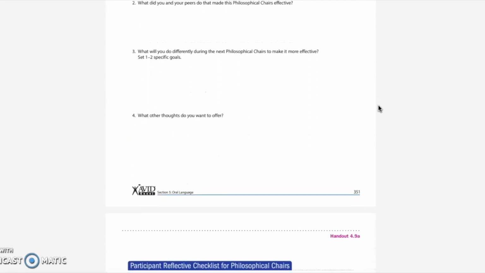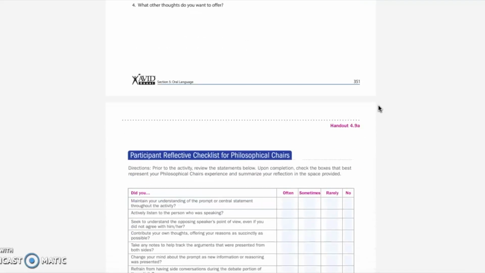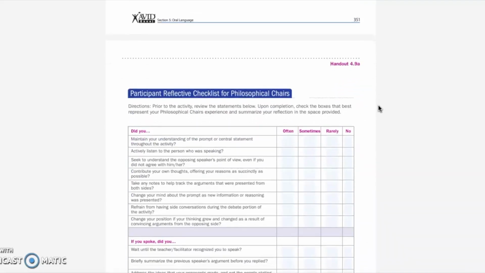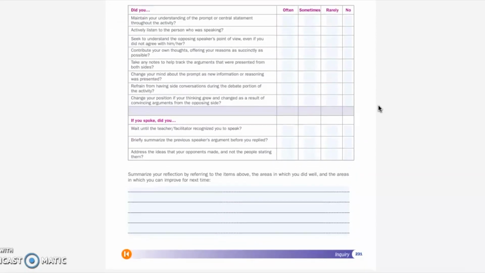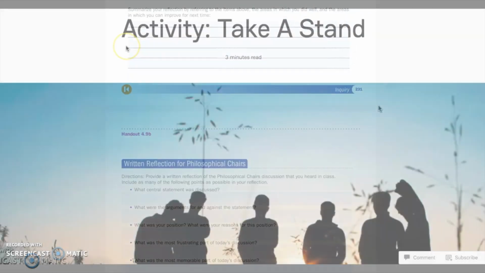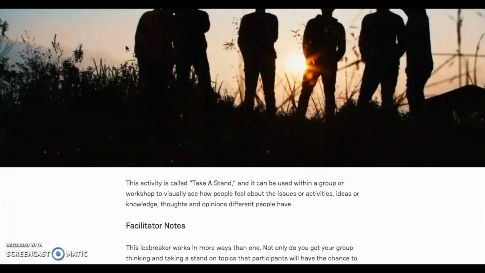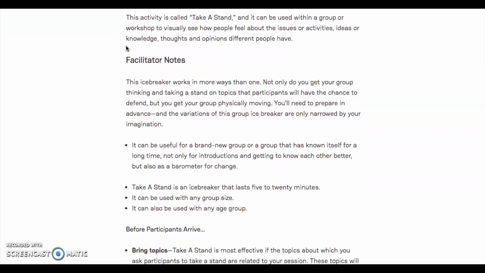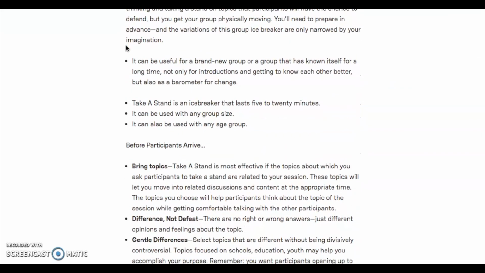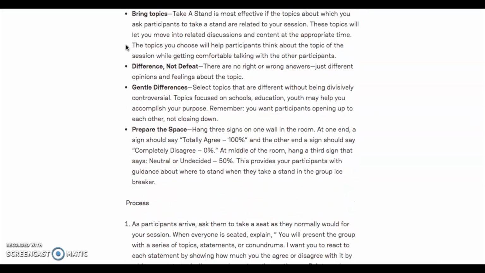And then gradually, as students get more comfortable with philosophical chairs, I'll use it for more controversial, more contentious, tougher topics. A variation of philosophical chairs is called Take a Stand. With this activity, the teacher simply creates anywhere from 5 to 10 statements.